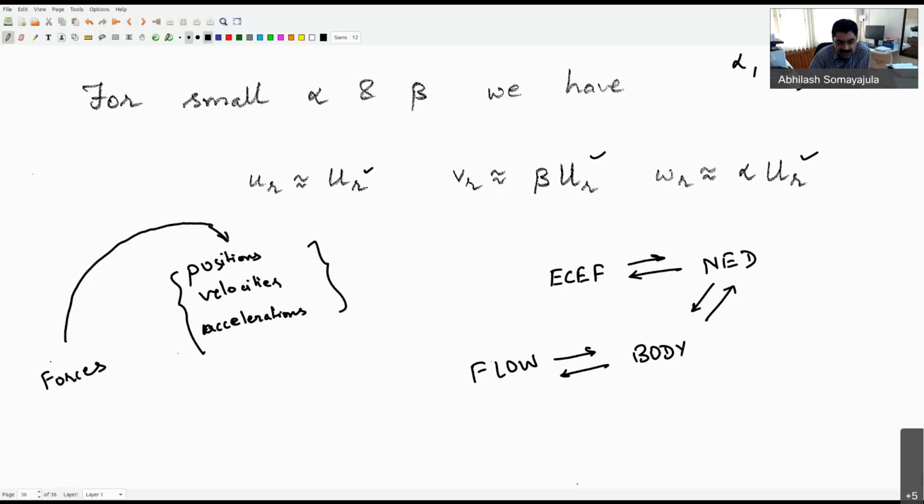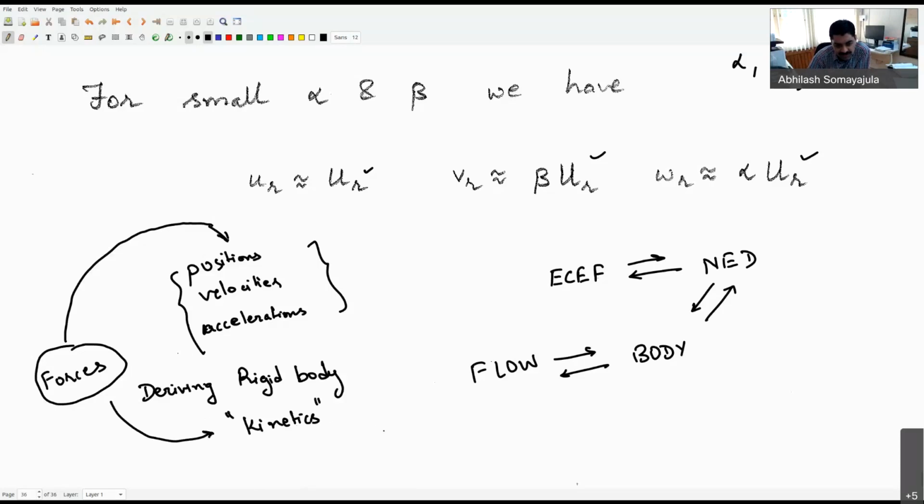And that cause is what we are going to focus on next, when we will be deriving the rigid body kinetics in our next class. So when I say kinetics, that includes the forces and the equations of motion.